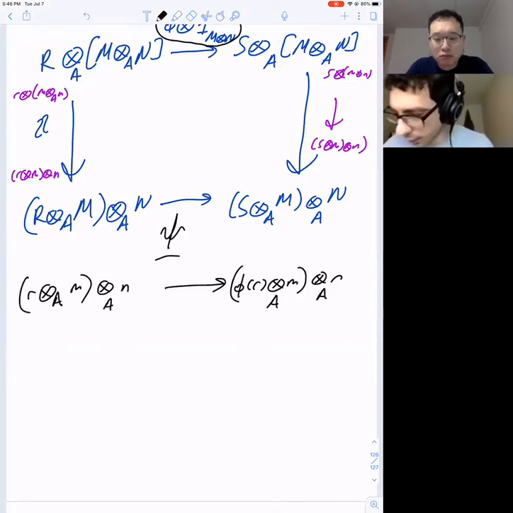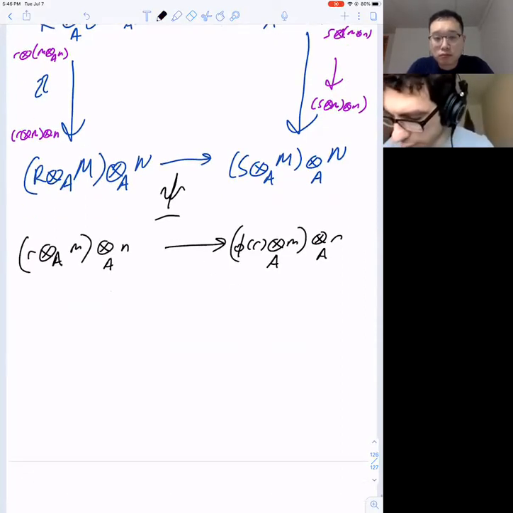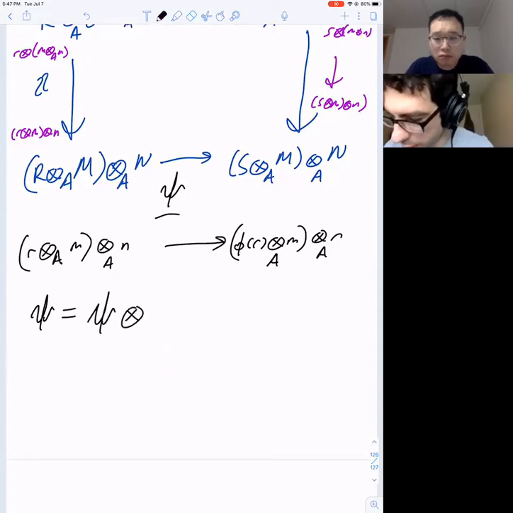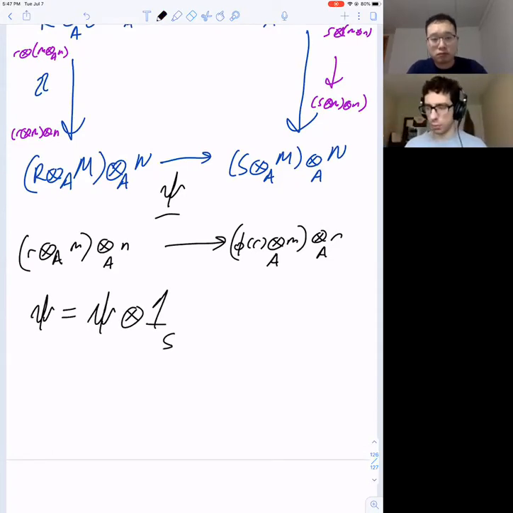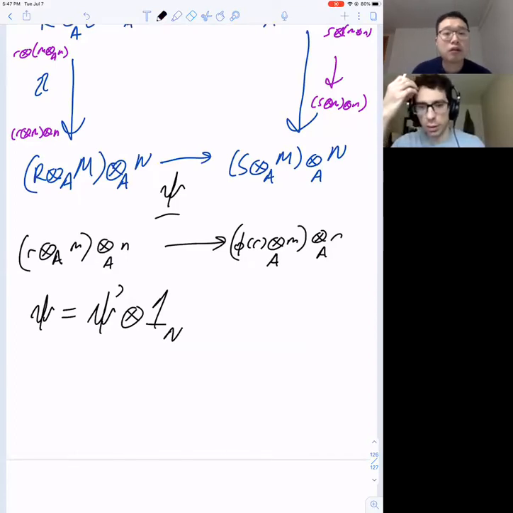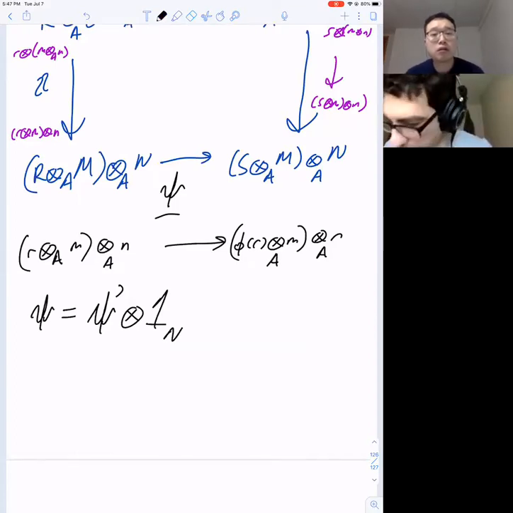So actually, psi is just psi prime tensor product the identity on N. You see that the N here is just identity.